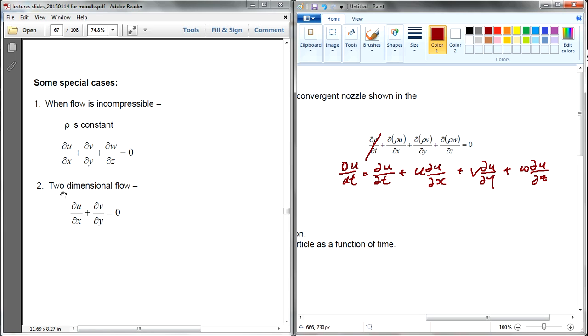And then when we talk about two-dimensional flow, we can actually cancel out these things. Therefore, this is how we have derived. This is how we cancel away this one also. You see, because certainly there may be some partial density u over partial t, and you know what I mean.